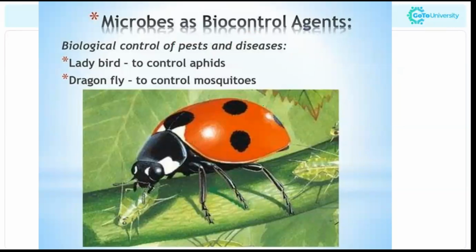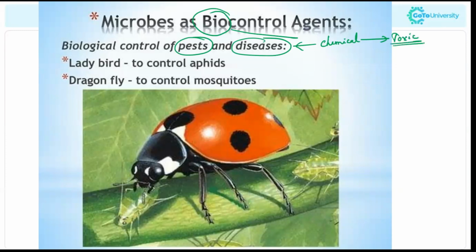Now moving to the next part, that is microbes as biocontrol agents. What are biocontrol agents? Biocontrol refers to the use of biological methods, that is why the term bio, for controlling plant diseases and pests. In modern society, we actually use chemicals to control these diseases and pests, which can be harmful or toxic to organisms and can lead to pollution as well.